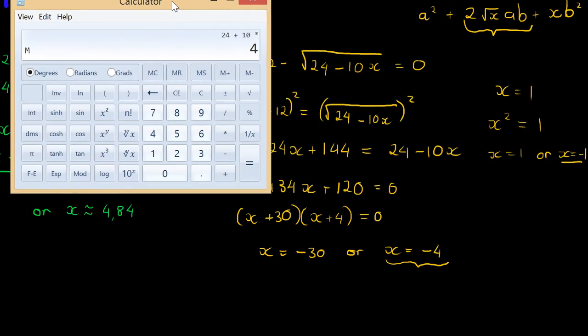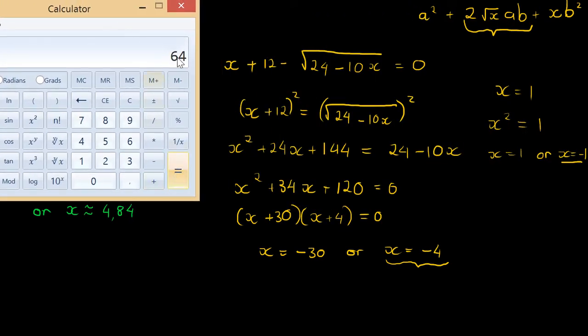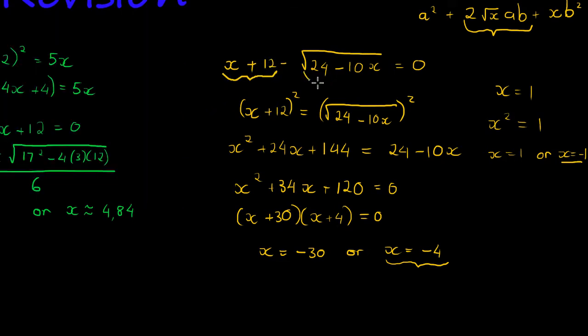Sorry, you can't see there. Okay, that gives you 64. So the square root of 64 is 8. Okay, negative 4 plus 12 is 8. So this gives me 8. That gives me 8. 8 minus 8 is 0. So this one works.